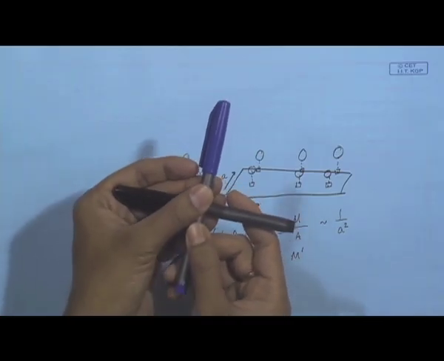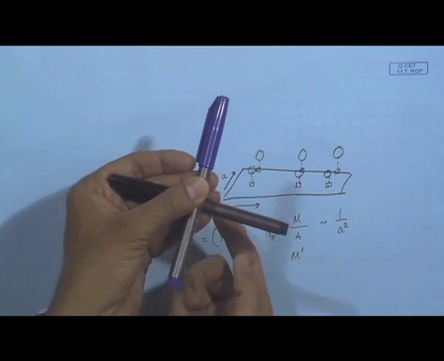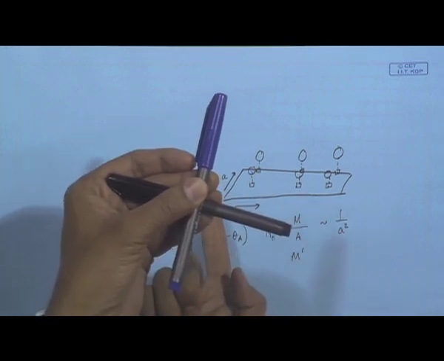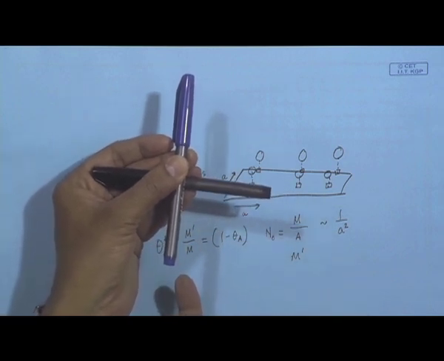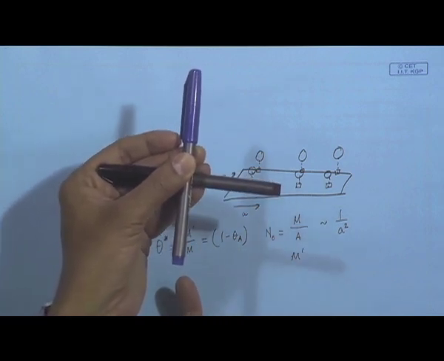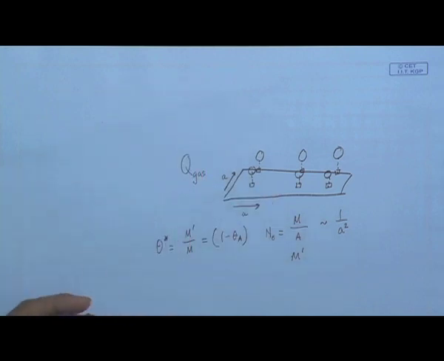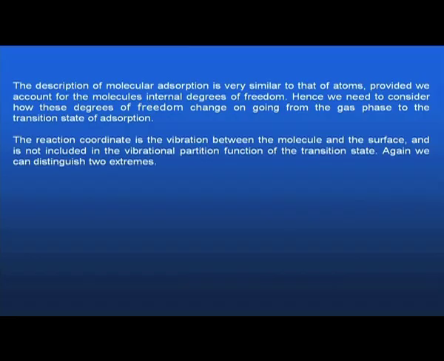If this is your surface, then this is your reaction coordinate, and this distance changes. So, the reaction coordinate is the vibration between the molecule and surface and is not included in the vibrational partition function of the transition state.